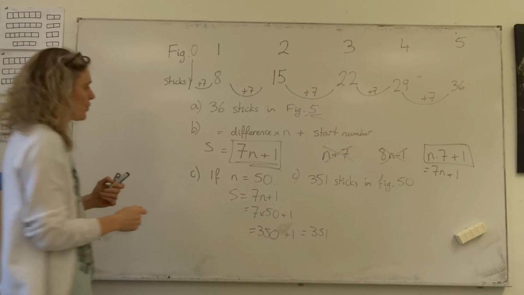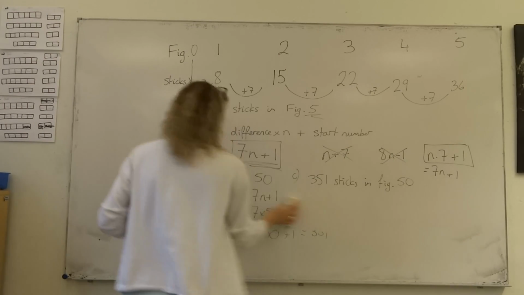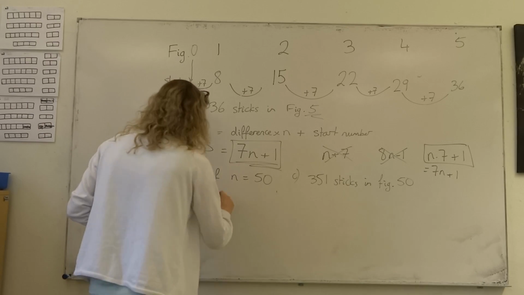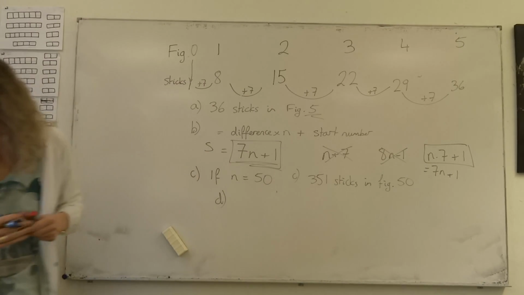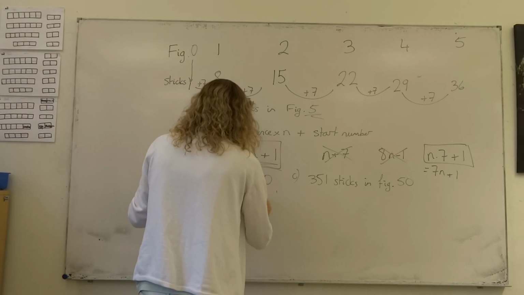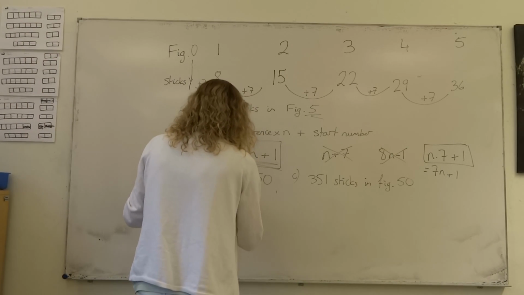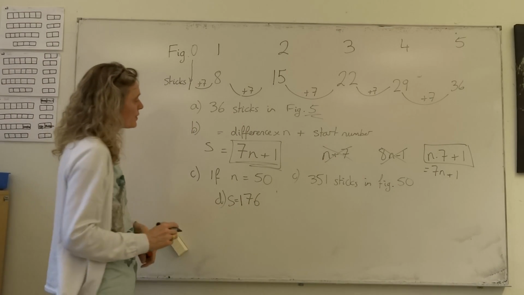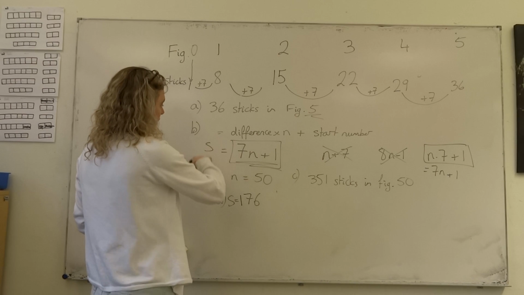Then the last question, finally, I can hear you all breathe a big sigh of relief. Question D is, which figure number has 176 sticks? So S equals 176. If S equals 176, what do we know about this formula?